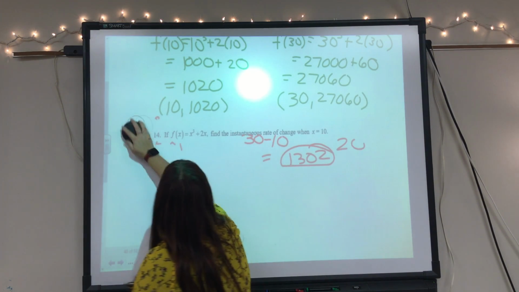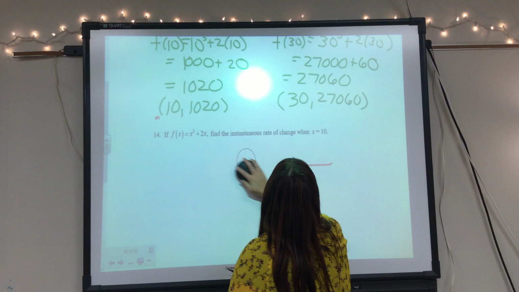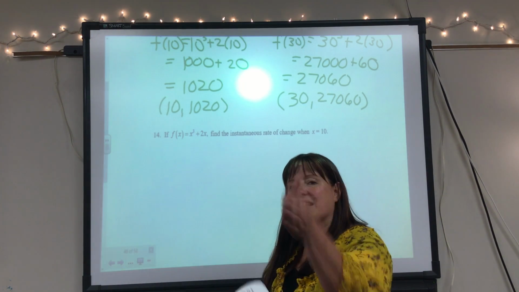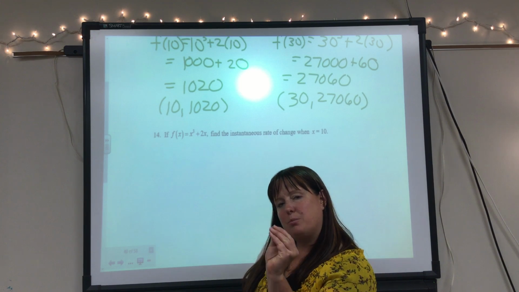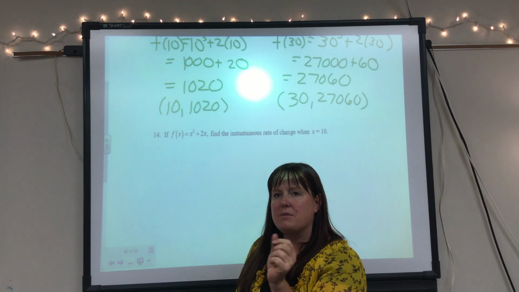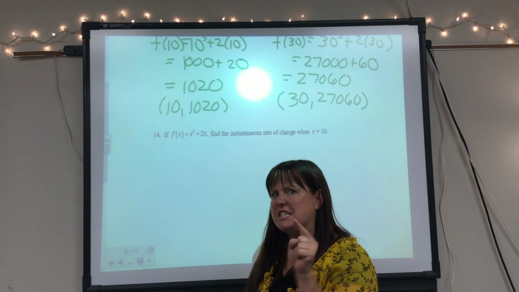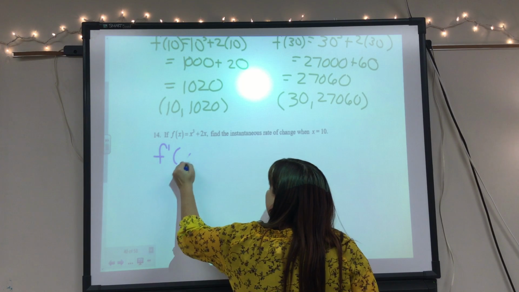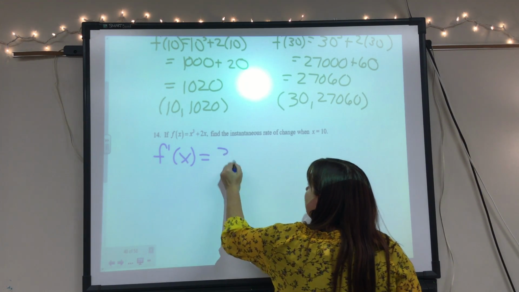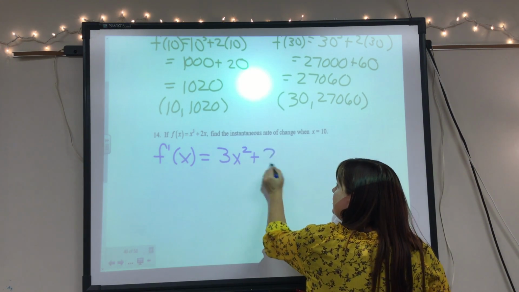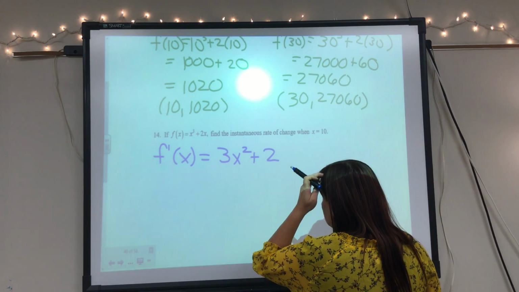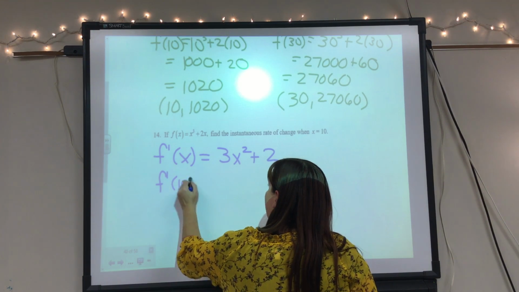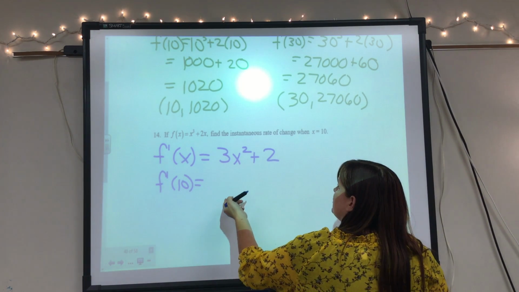Okay, so now let's find instantaneous rate of change when x equals 10. Again, this is where we're trying to find what is my exact speedometer reading, how fast am I changing at this very second when x equals 10. So we're going to find the derivative, f prime of x, which is 3x squared plus 2 by my power rules. Then I want to find f prime of 10, because that's my instantaneous rate of change.